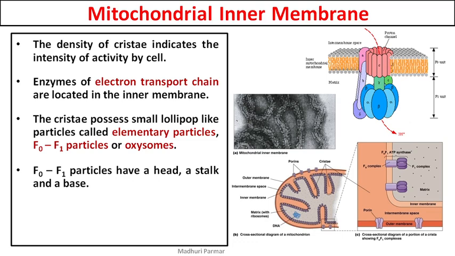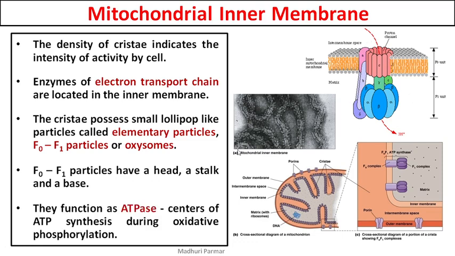So ADP plus inorganic phosphate will give you ATP because of this movement. They function as ATPases, which are centers for ATP synthesis during oxidative phosphorylation. You will also find these kinds of structures, F0F1 particles, in chloroplasts as well. We will discuss that in detail when we talk about photosynthesis.